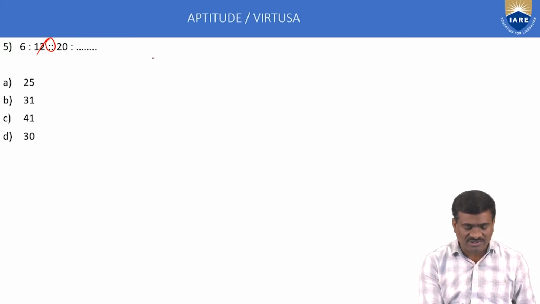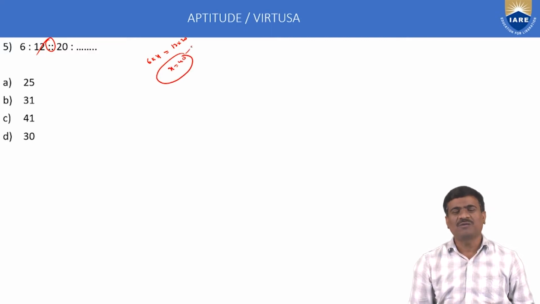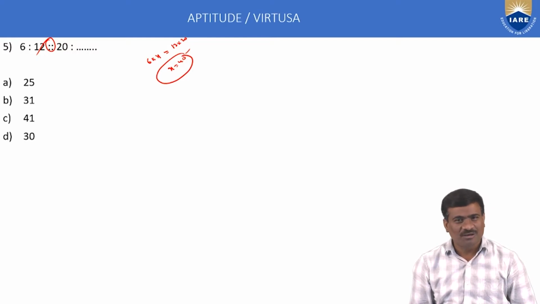Product of extremes is equal to product of means. 6 into x is equal to 12 into 20. X is equal to 40. This is called a proportion application. But this is not a proportion. This is called a reasoning topic.